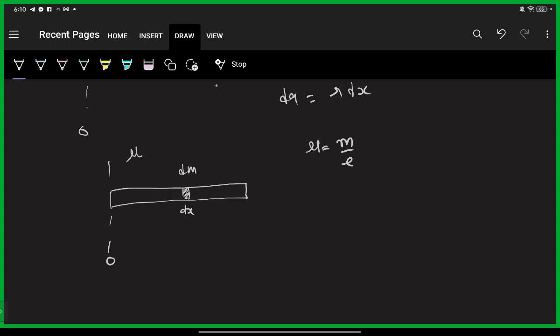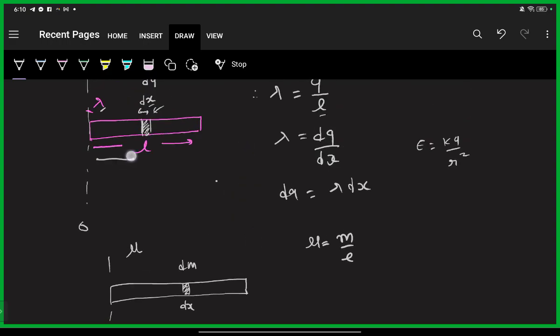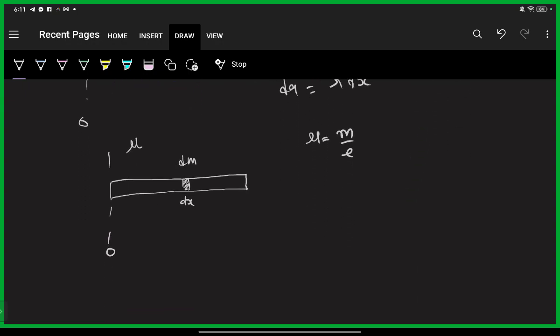The next step would be that this distance is x, and then you are going to integrate, whether you are finding electric field or potential, etc. So let's say at x distance you are taking an element of length dx. Here the mass would be what? dm upon dx, so dm will be mu dx. Understood?